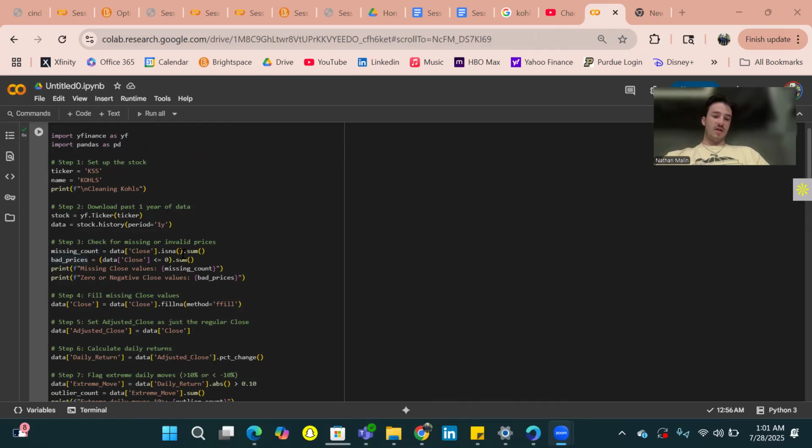So this code would basically look if there's an NA, it'd add them all up. And then I did the same thing for bad prices. So when it found a closing price that was less than or equal to zero, it'd add all those up and count it. And then I wanted to print out all the missing close values and all the zero negative close values, which are just bad prices. So all the prices that were less than or equal to zero or missing count.